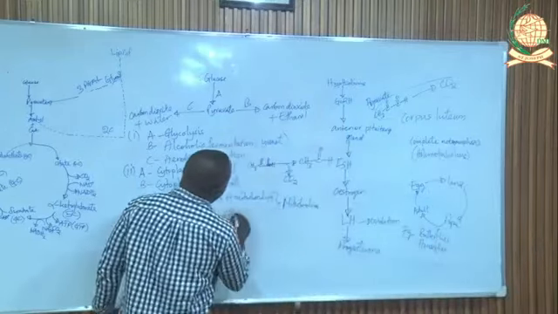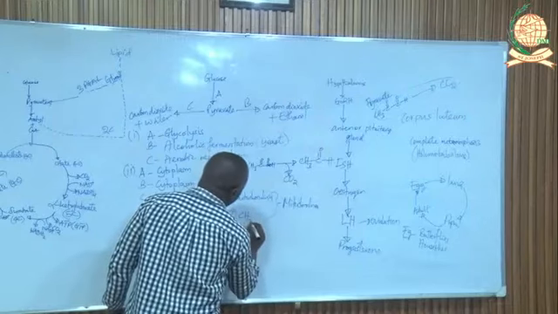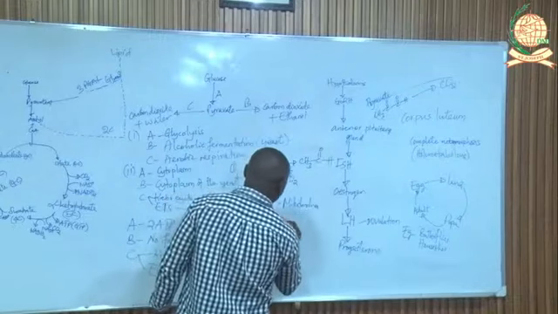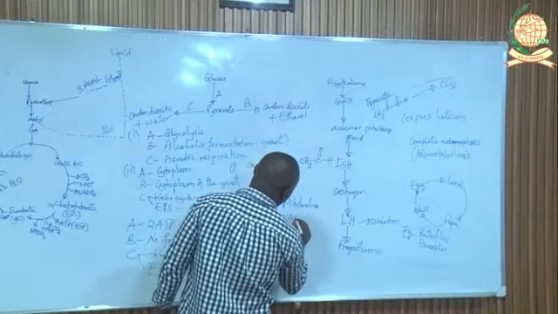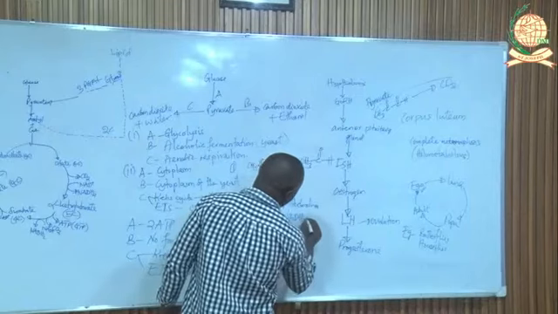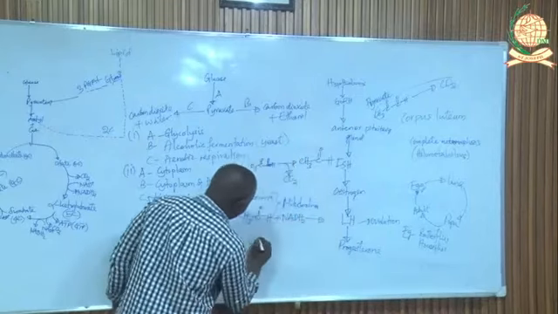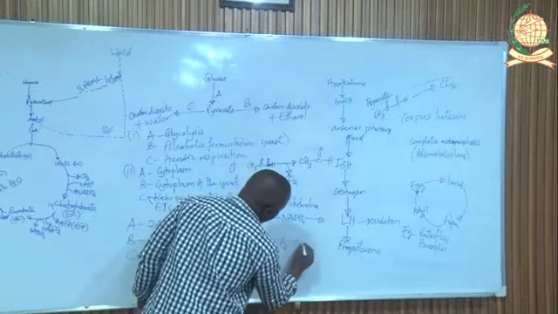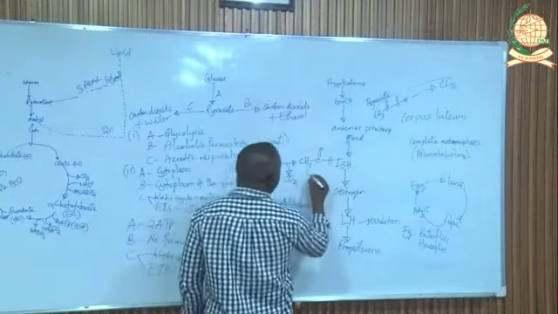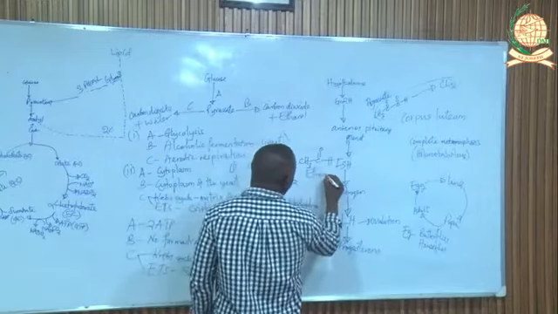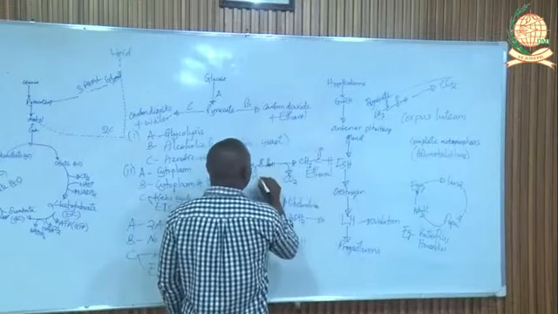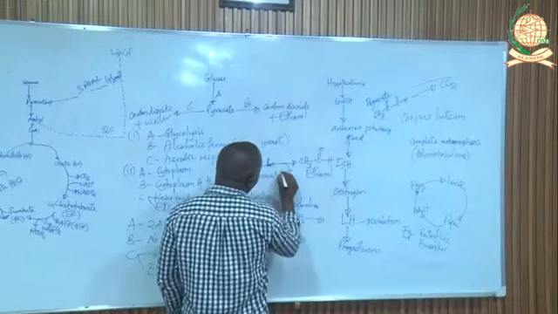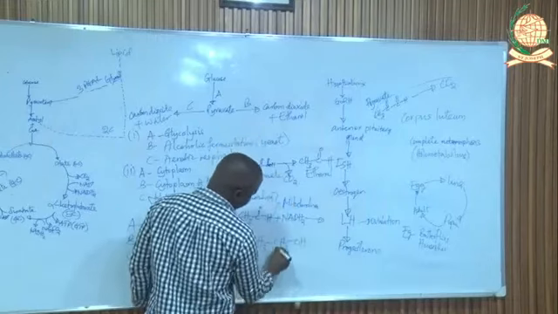The second stage is the ethanal, CH3, C double bond O, H, combining with a pair of hydrogen, and here it forms CH3, CH2, OH. This is ethanol. This is pyruvate, and this is ethanol.